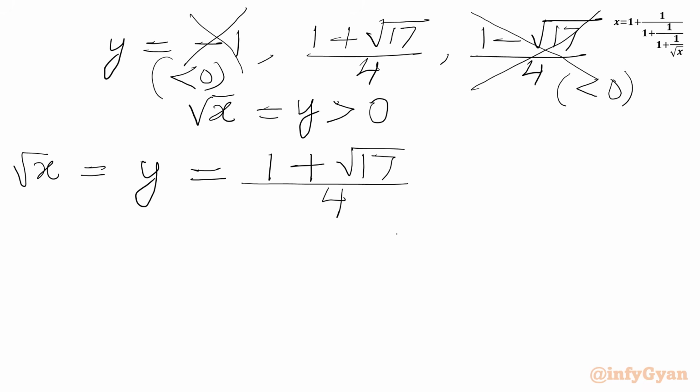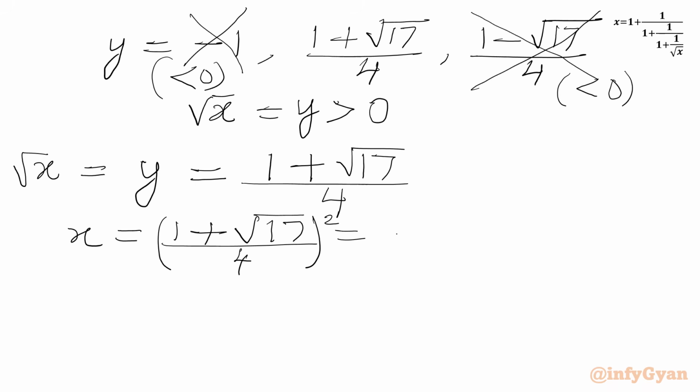Now we square both sides to get the only real solution. x equals 1 plus square root 17 over 4, whole square, which equals 1 plus 17 plus 2 square root 17 over 4 square, which is 16.